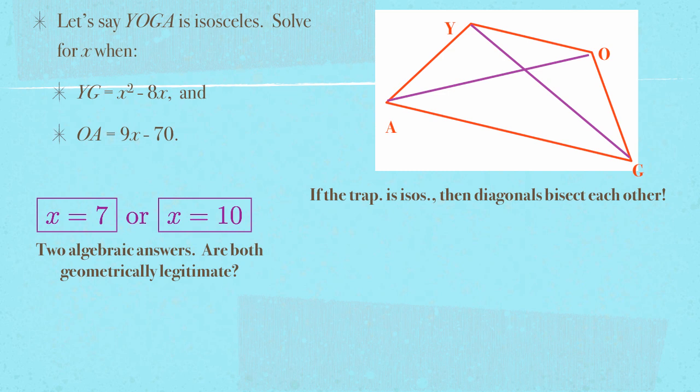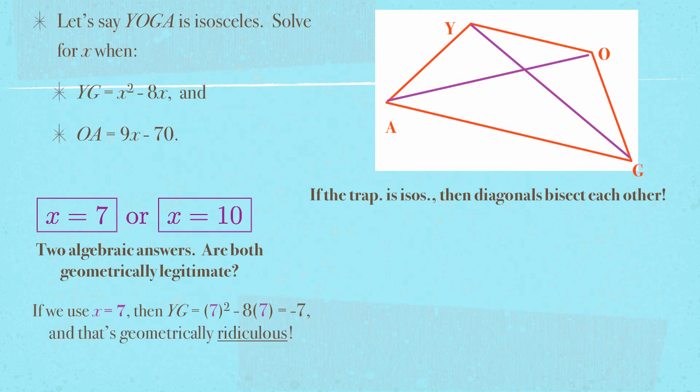To check, we'll substitute x back into the original equations. Let's take x equals 7. If we use x equals 7, then YG is equal to negative 7 units. Well, that doesn't make any sense geometrically. And so therefore, even though x equals 7 is an algebraic answer, it is not geometrically possible.